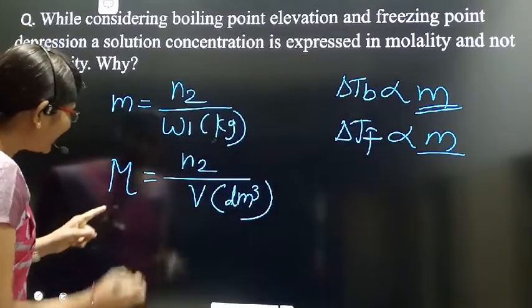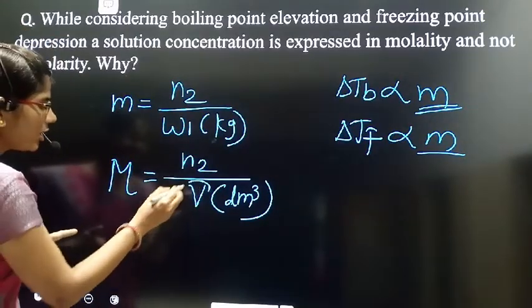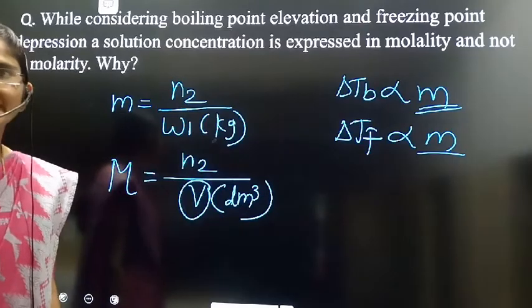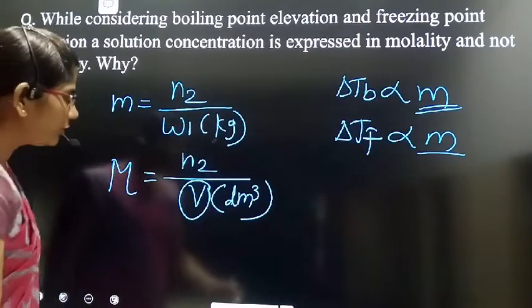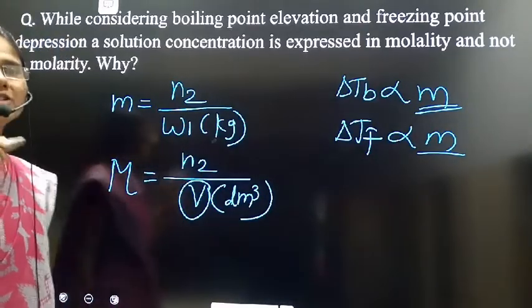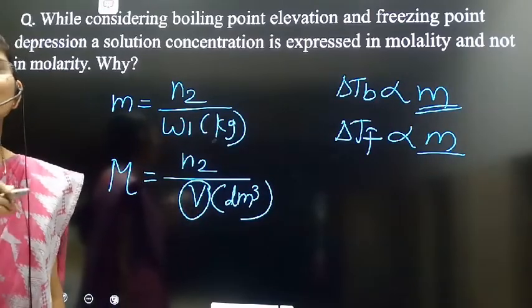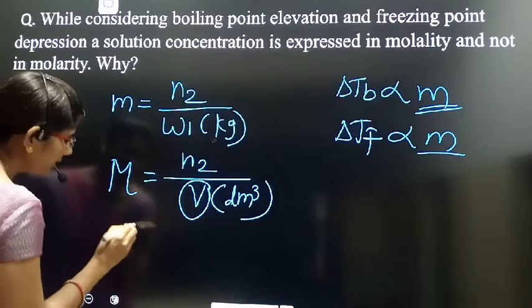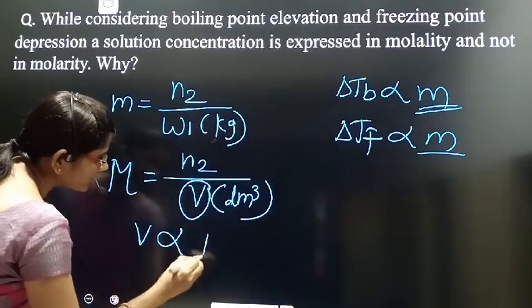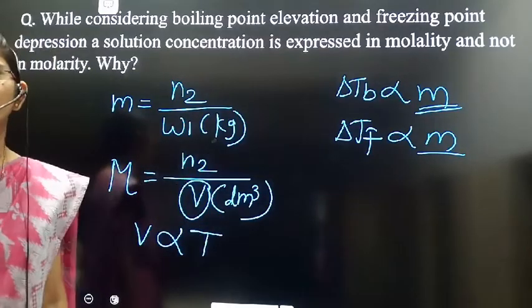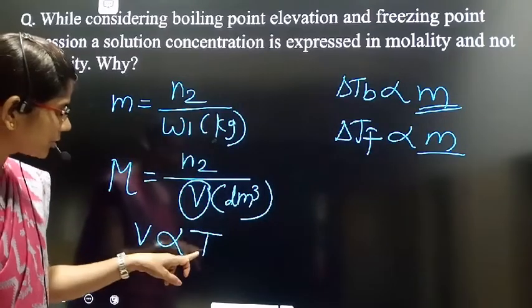So the molarity depends on the volume, and according to Charles law, which we have studied in our 11th standard topic, states of matter, V is directly proportional to T.